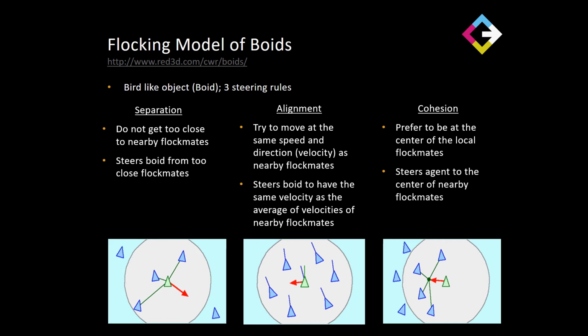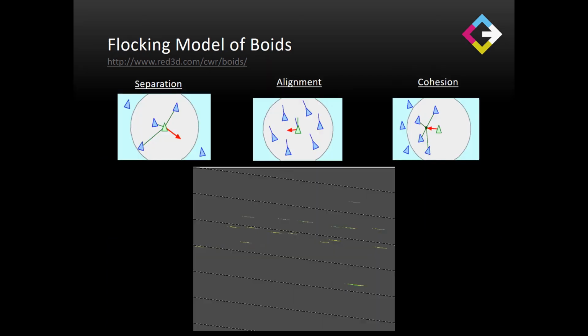You can see that separation and cohesion are fighting each other, so you need to take care to parameterize those rules correctly as they change the resulting behavior. And here is the result we have actually already seen.